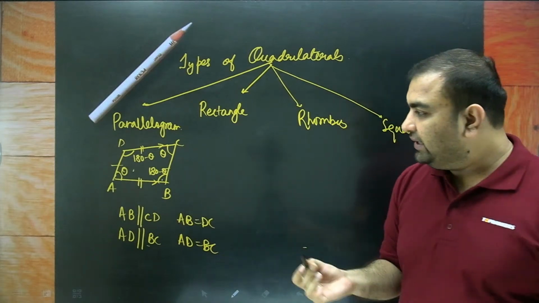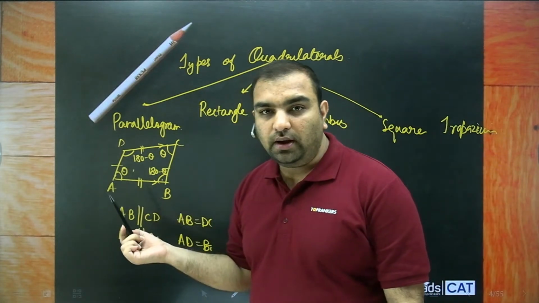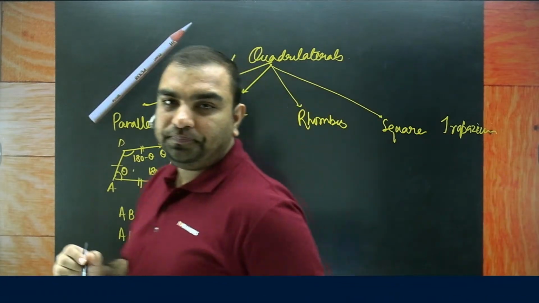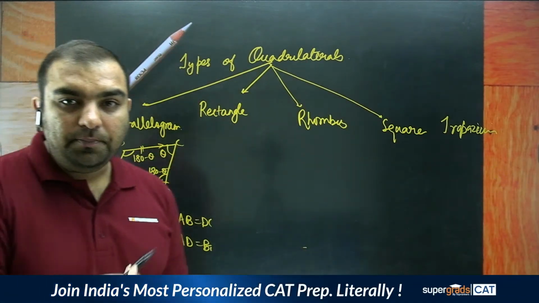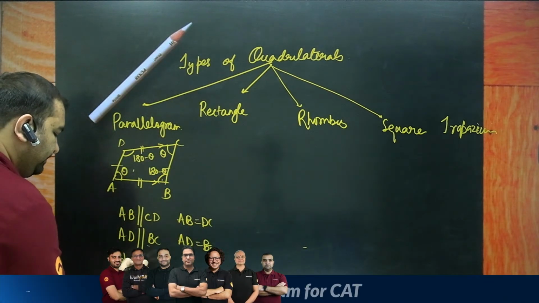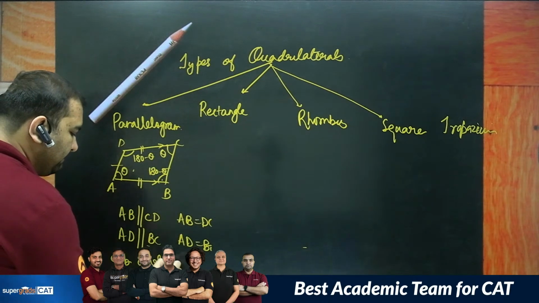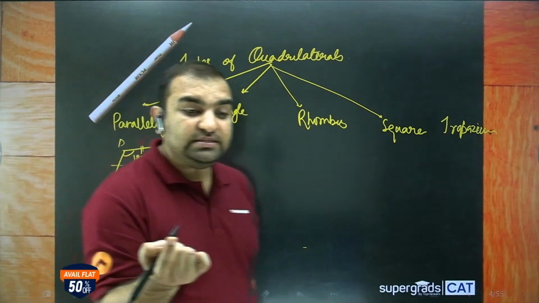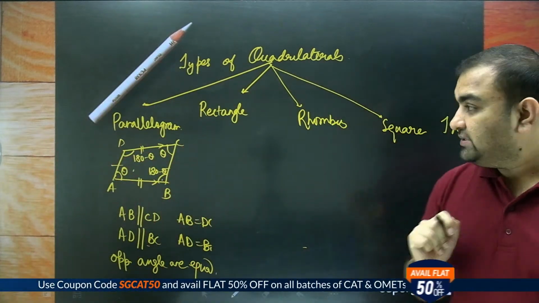The observation is that in any parallelogram, opposite angles are equal, and opposite sides are also equal.